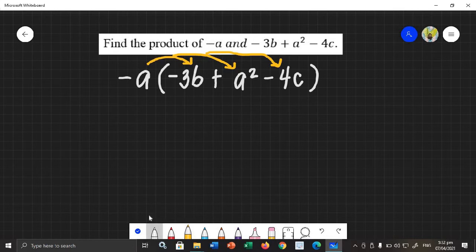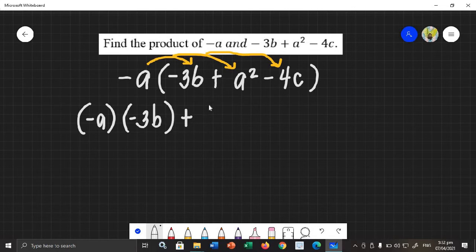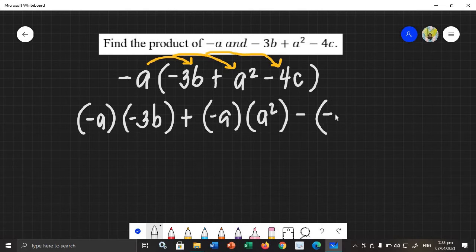What will happen is we will be multiplying negative a and negative 3b, copy the sign, plus we will also multiply negative a to a squared. Then copy the sign. Lastly, we will multiply negative a to 4c.